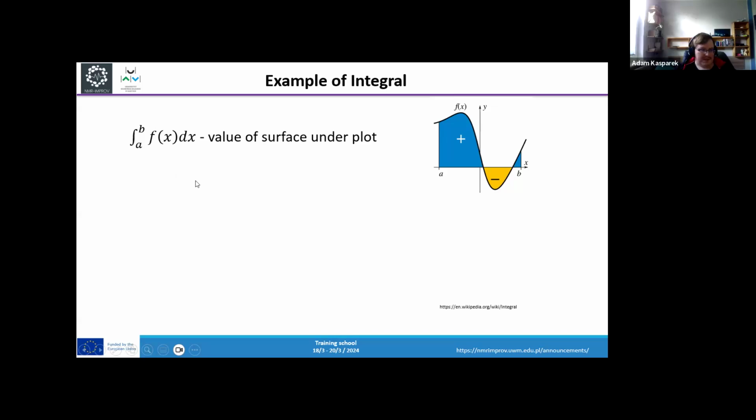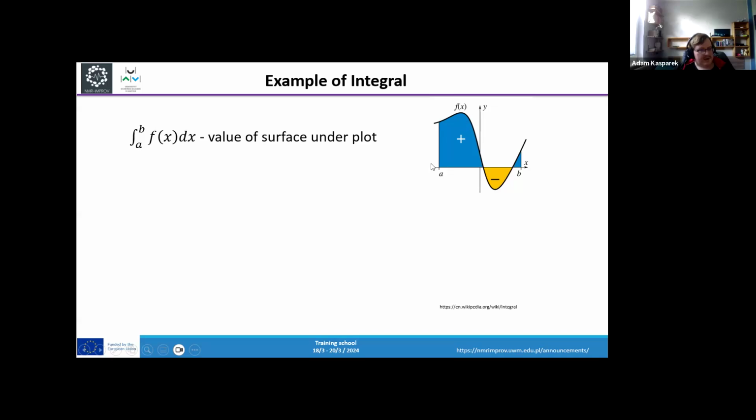In the most basic terms, this sign, which usually has two numbers, in this case b and a, says that if we go along the x-axis, this sign is the value of the surface under a plot of f(x).